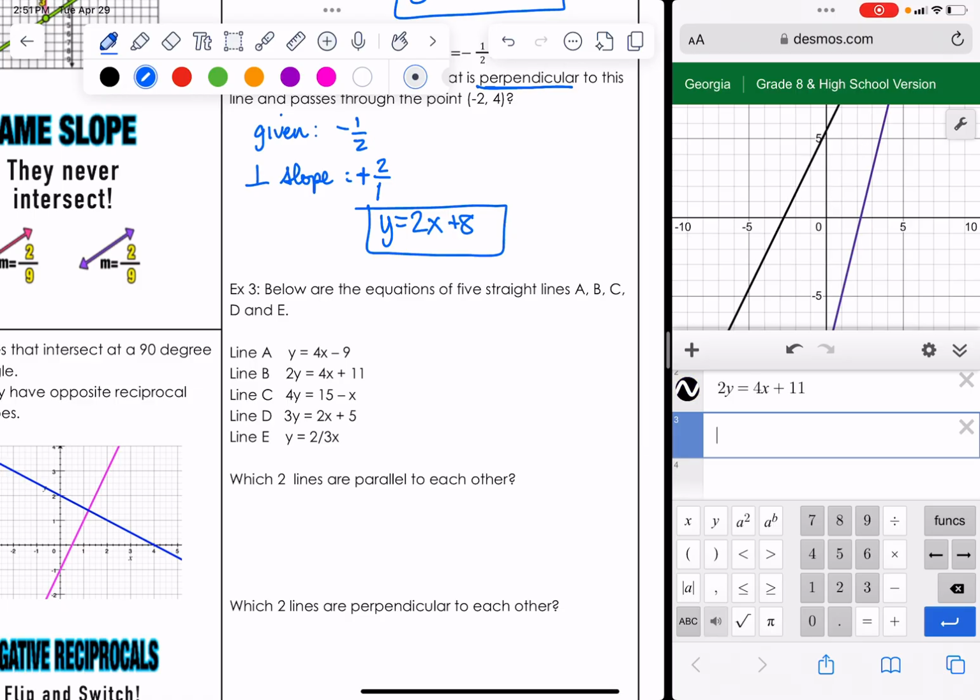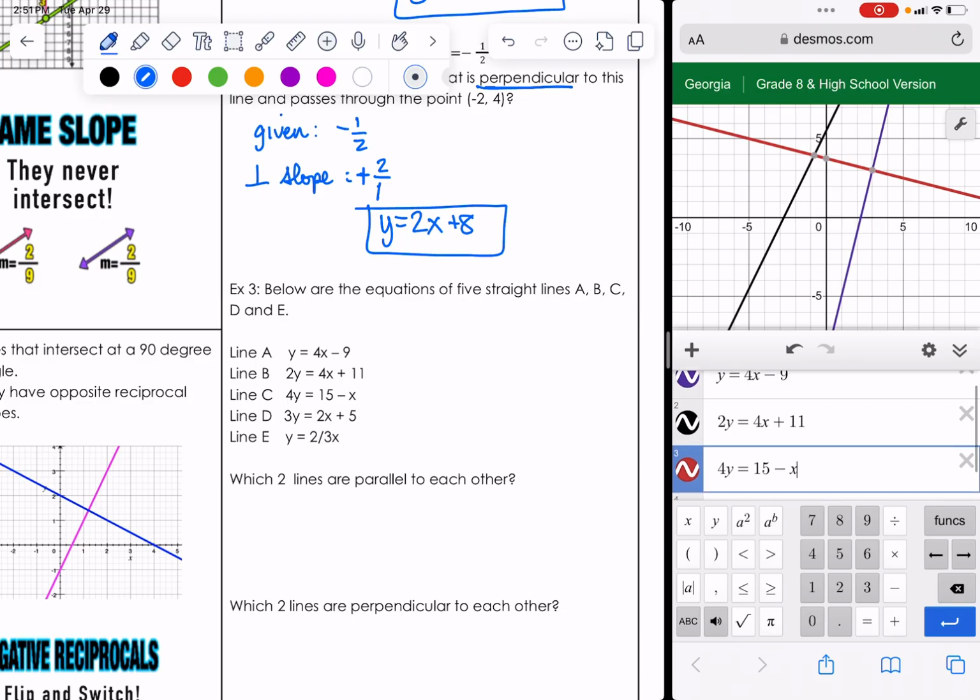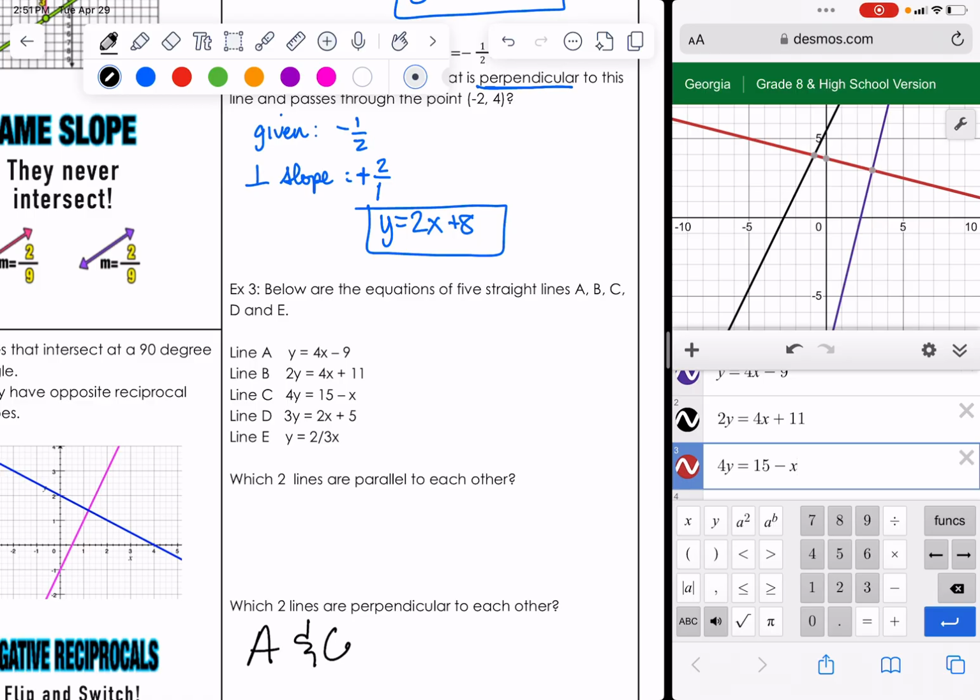Let's keep going. 4y equals 15 minus x. Oh, well, I found a pair of perpendicular lines. So it looks like line A and line C are perpendicular. So let's go ahead and fill that in down here, A and C. And let's keep looking for a pair of parallel lines.